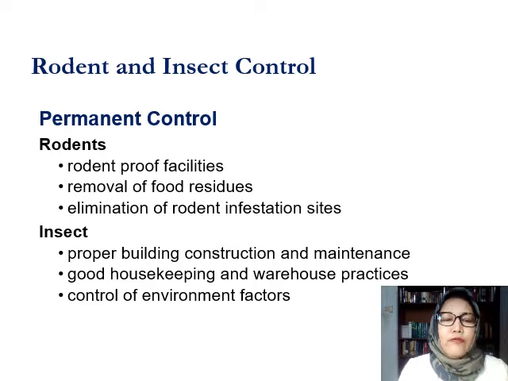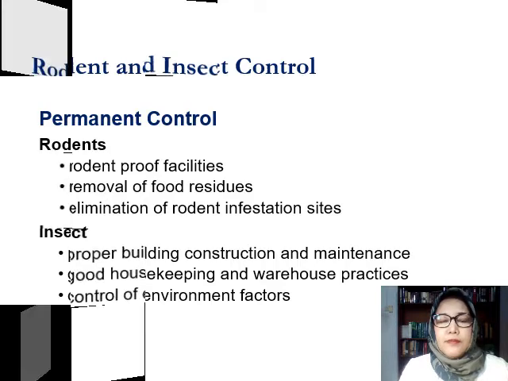Permanent control for rodents include rodent-proof facilities, removal of food residues, and elimination of rodent infestation sites, while for insect include proper building construction and maintenance, good housekeeping and warehouse practices, as well as control of environmental factors.